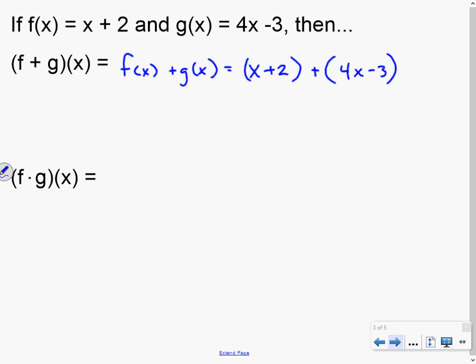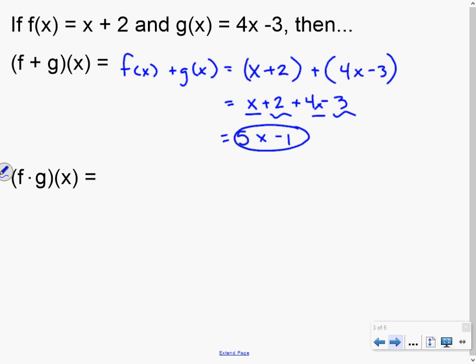Now, I don't really need the parentheses here, so we really just have x plus 2 plus 4x minus 3, and we're combining like terms. We get 5x minus 1. So that is what we get. That's the new polynomial we get when we do the sum of f of x and g of x.